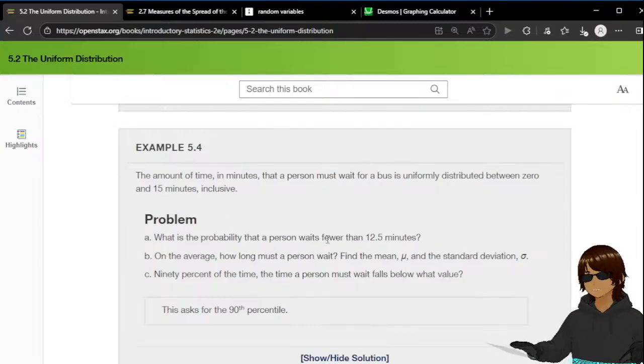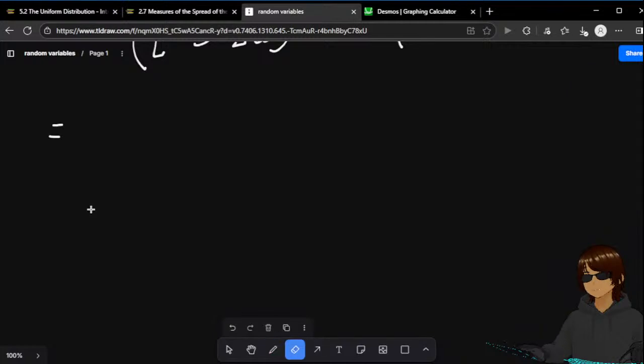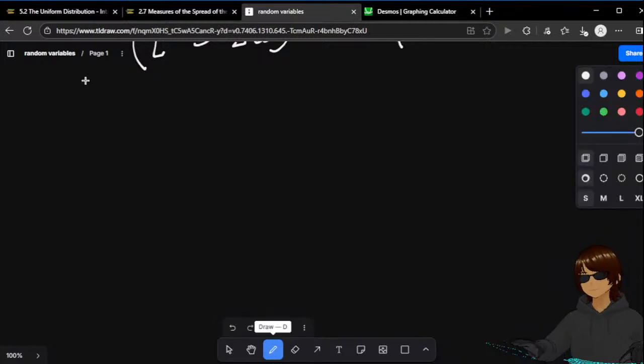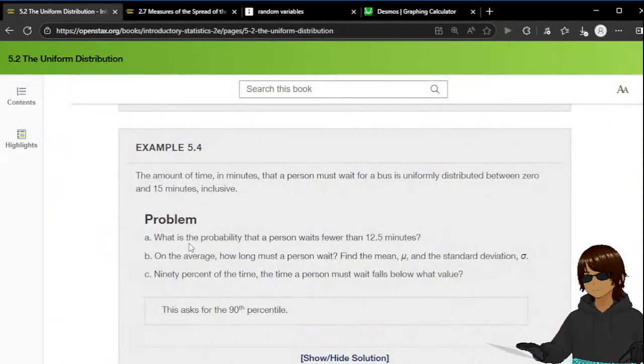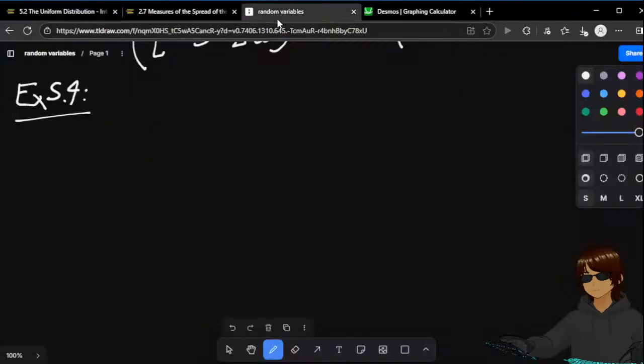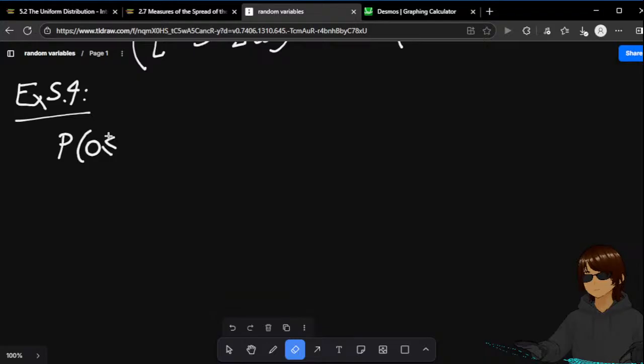That is the probability that a person waits fewer than, oh, example 5.4. 12.5, 0 and 15. x fewer than 12.5.